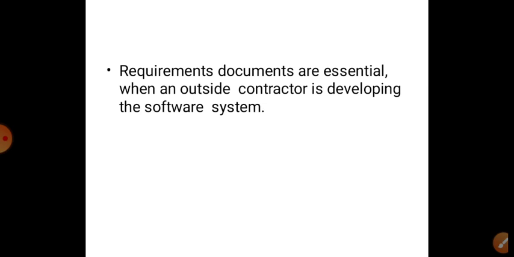So what services do you want? What functionality do you want? Non-functional and functional requirements, interface requirements, all this should be detailed out. So the software requirement document is important when you are outsourcing the software development part.